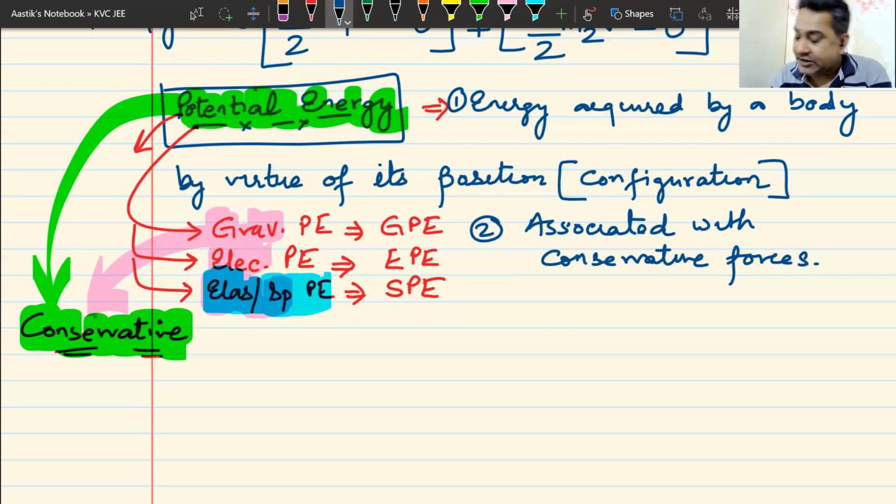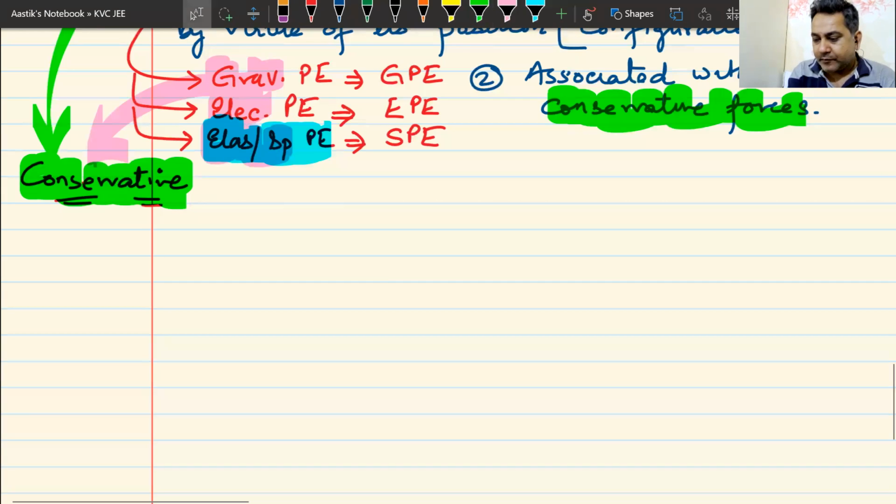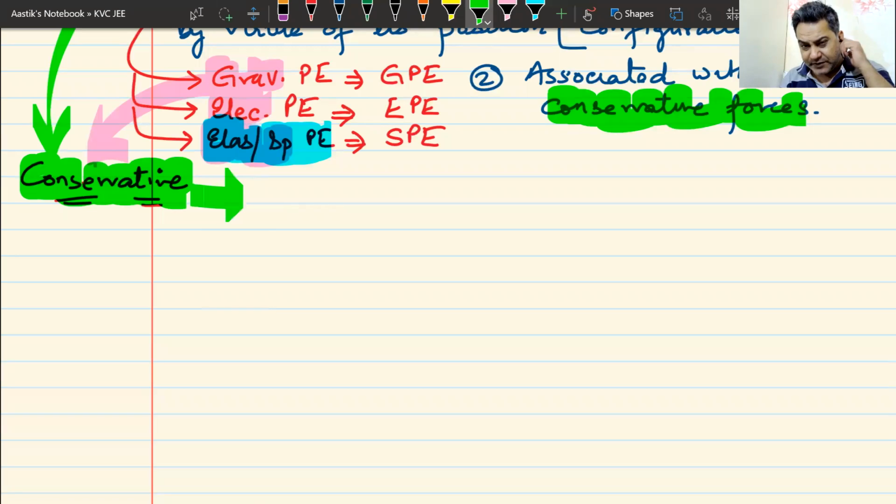How and why have we created this concept of potential energy? It is only associated with conservative forces. Let us again go back and see why this concept of potential energy has come. It is associated with conservative forces. Now, in these conservative forces, whenever we are moving an object, the work done does not depend on path.